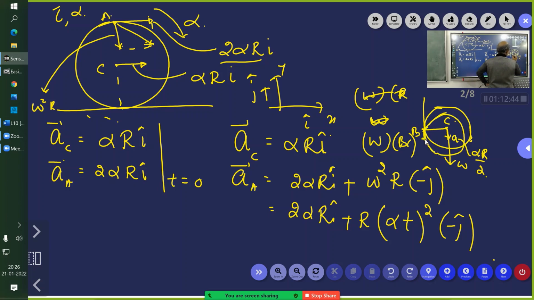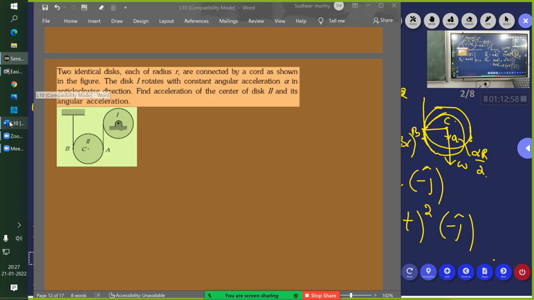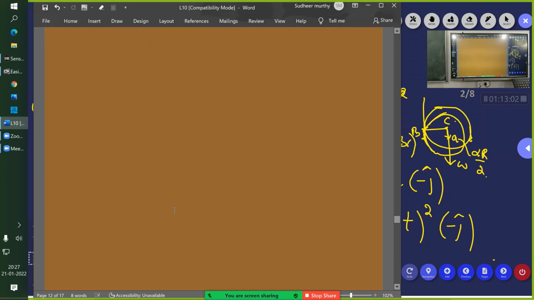So this point B will now complete, and that will also be accelerated. That's the mechanism. Sir, so that disk will rotate clockwise. This will rotate clockwise. That's why it is rolling without slipping.